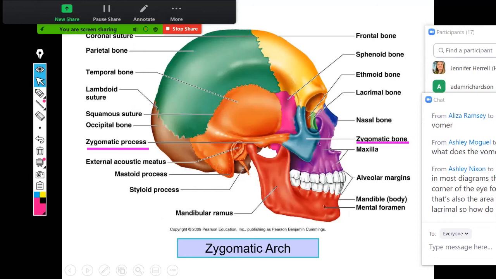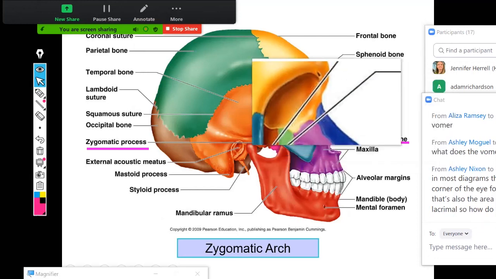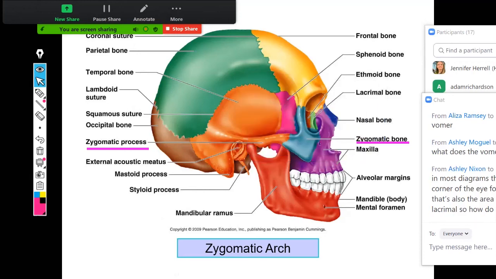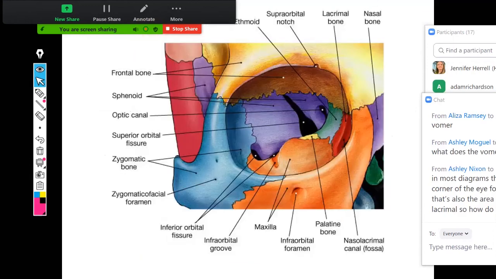Okay, here you can see it. Let me zoom up. Right there, the bright green bone that's in front, that's the lacrimal. And right behind it, there's a little chunk of ethmoid. I like this one better, so you can see that here too.